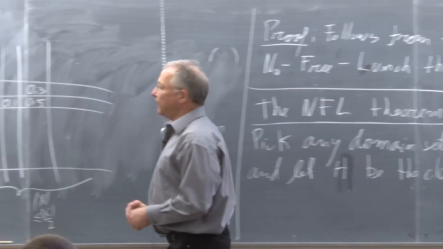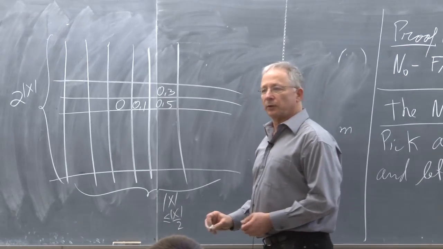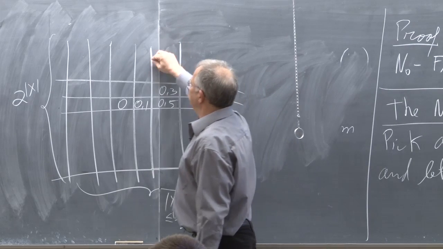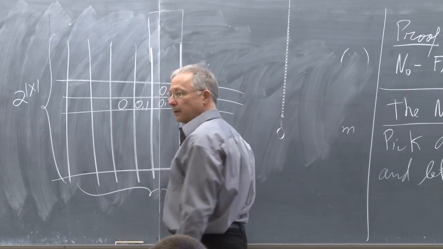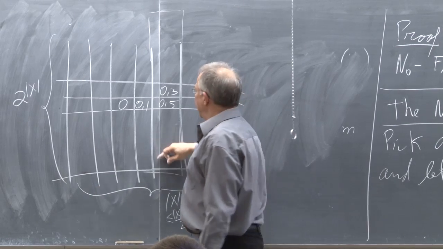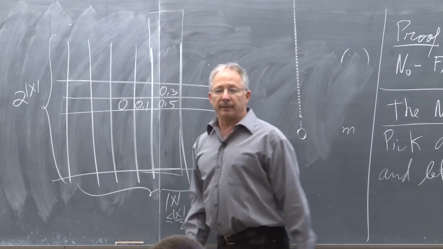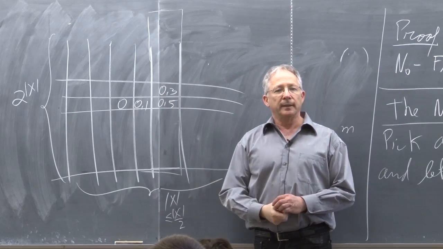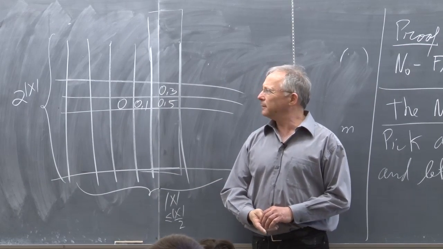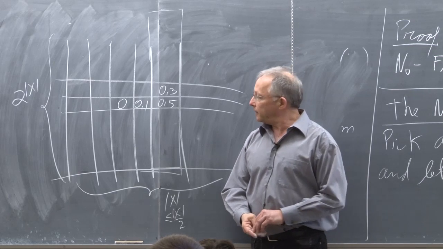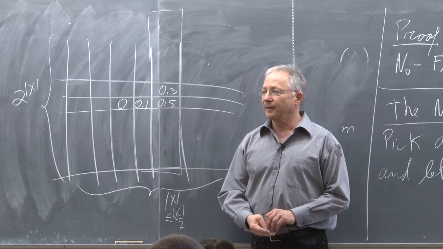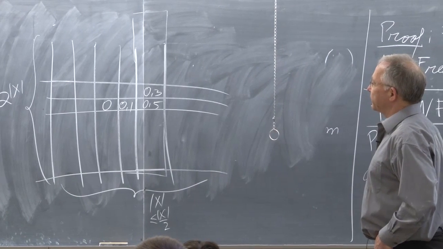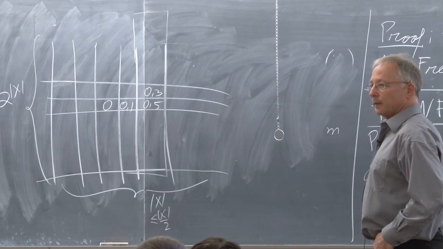Now, what I want to check, my next claim, is that for every column of this table, the average of all the numbers of this column is at least how much? The average number of this column is at least a quarter.